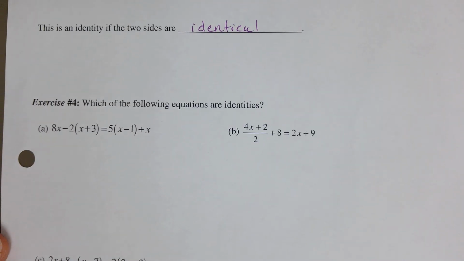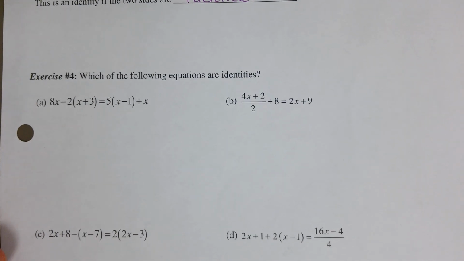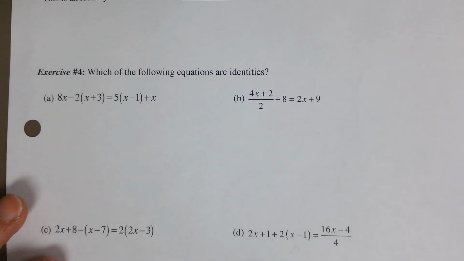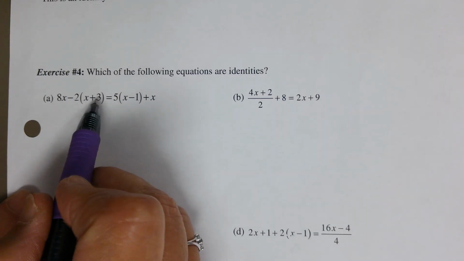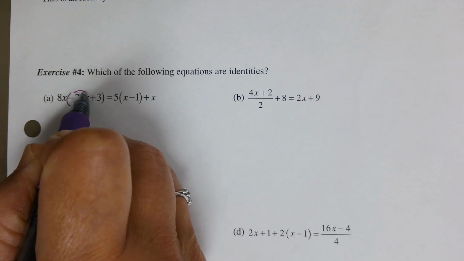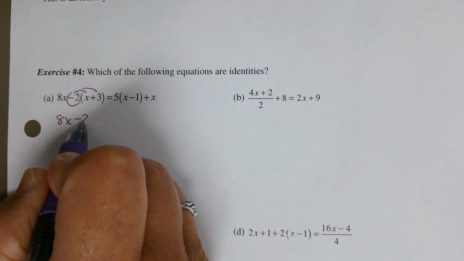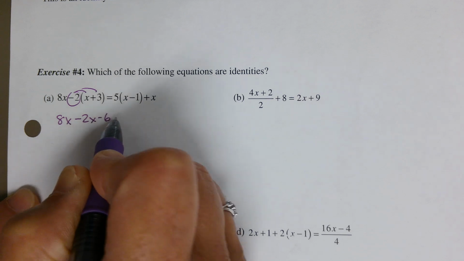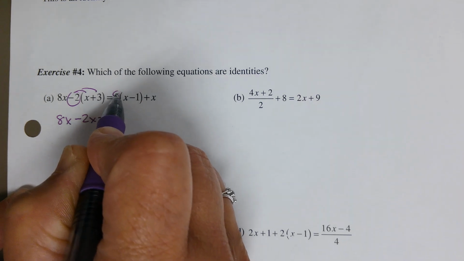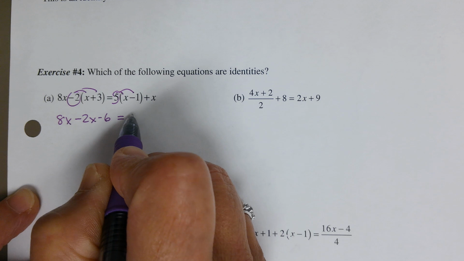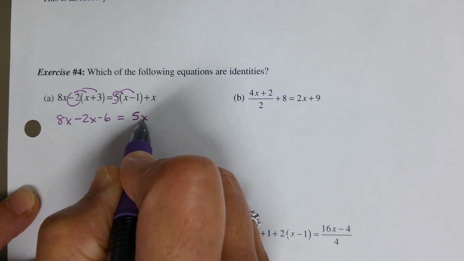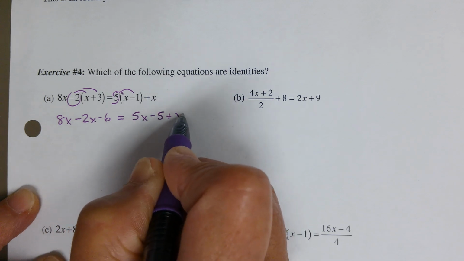Exercise 4, which of the following equations are identities? Well, in order to determine whether or not they're identities, we first go about trying to solve them. So simplifying the left-hand side, distribute the negative 2 over the parentheses, 8x minus 2x minus 6, and distributing 5 on the right-hand side over the parentheses, equals 5x minus 5 plus x.